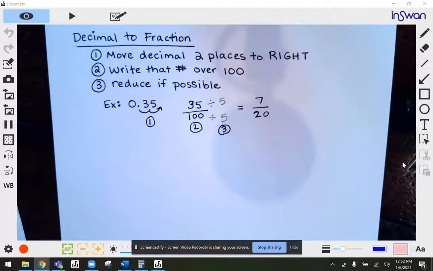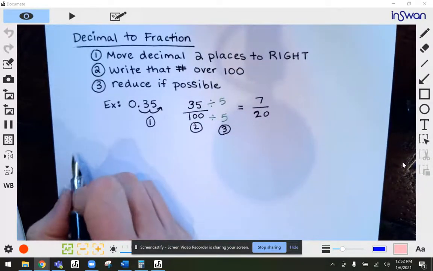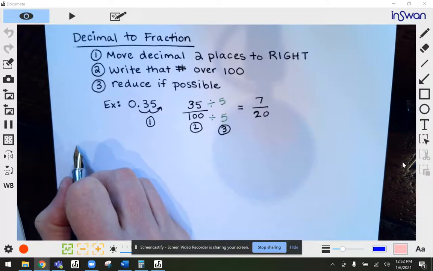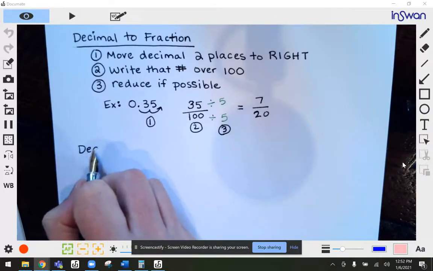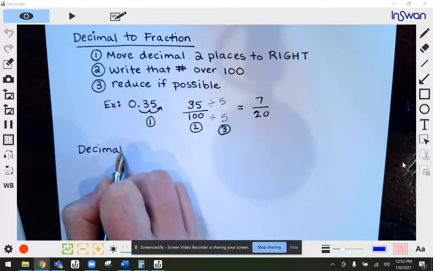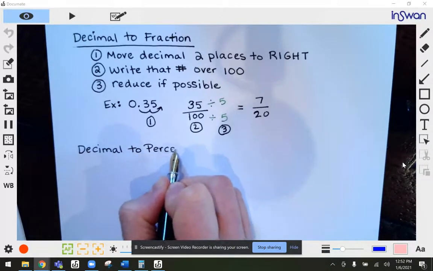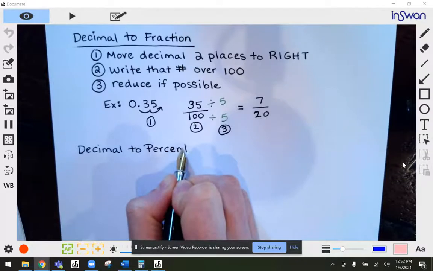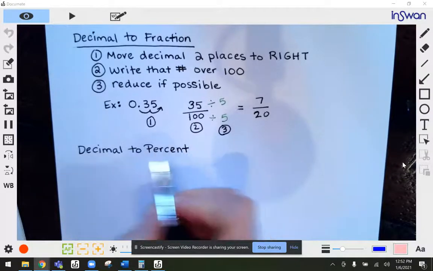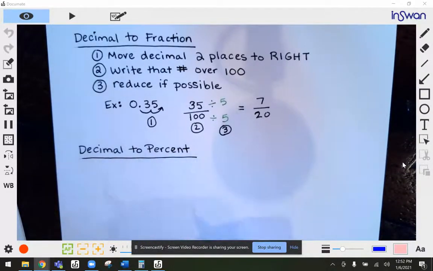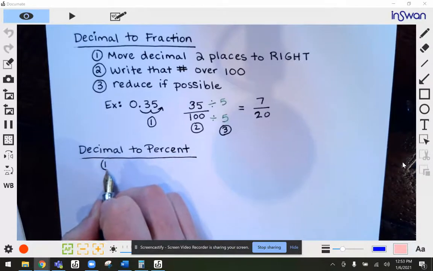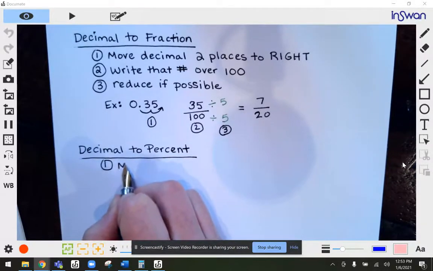Okay, the next kind that we will have steps for is going from a decimal to a percent. Okay, first step there is going to be just the same as the other one.